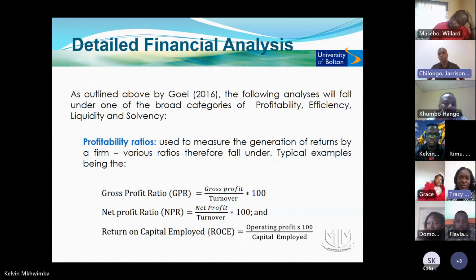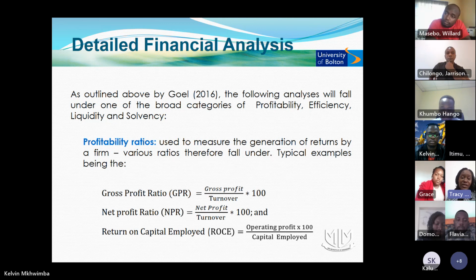So I'm Tracy Mponela. I'm going to take you through the detailed financial analysis of the two institutions as highlighted by my colleague. So as he mentioned, the analysis has been done for a period of 2 years, 2020 and 2021. And the detailed analysis was categorized in 4 sections: profitability, efficiency, liquidity, and solvency.